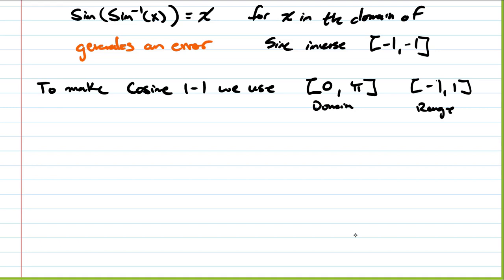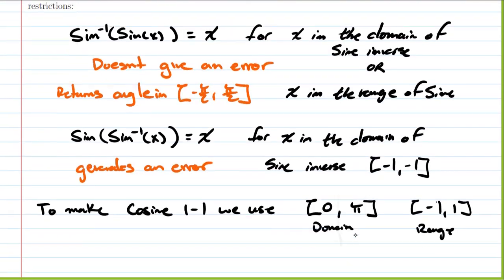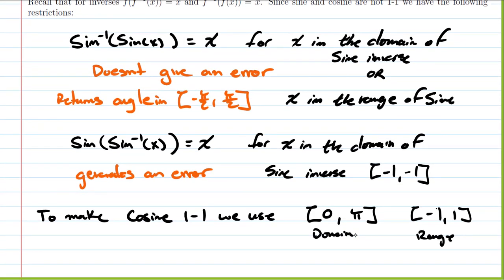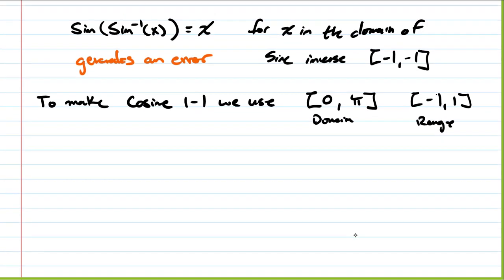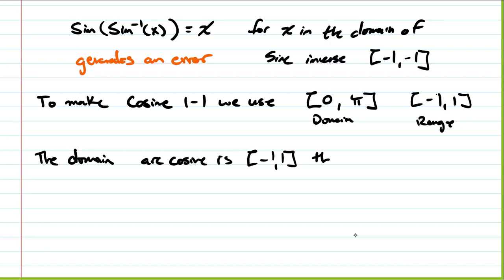So we get a very similar idea with the cosine, but instead of returning things between -pi/2 and pi/2, the inverse cosine function is going to return things between 0 and pi. The domain of the arc cosine is still negative 1 to 1. The range is 0 to pi.